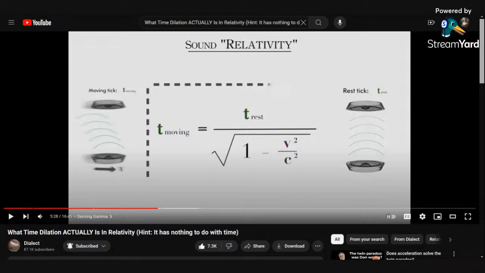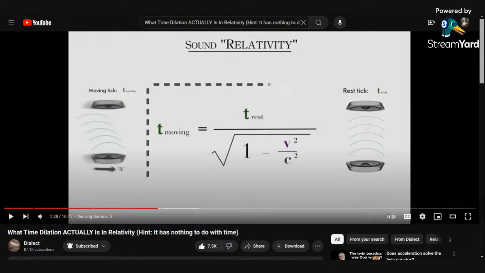So ticking of the moving clock has slowed down by how much? Well, take the t rest, the original ticking at rest, which is kind of fast, and you divide by something smaller than 1, which makes it bigger than the original. So you're incrementing it. You're decrementing it.